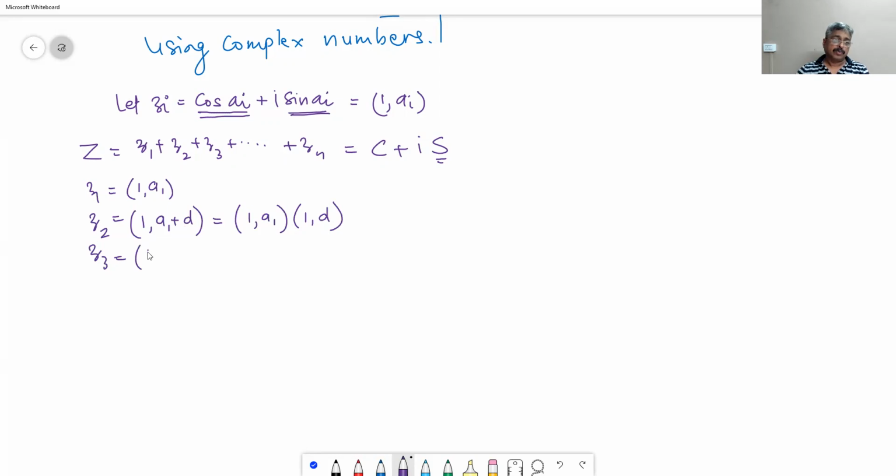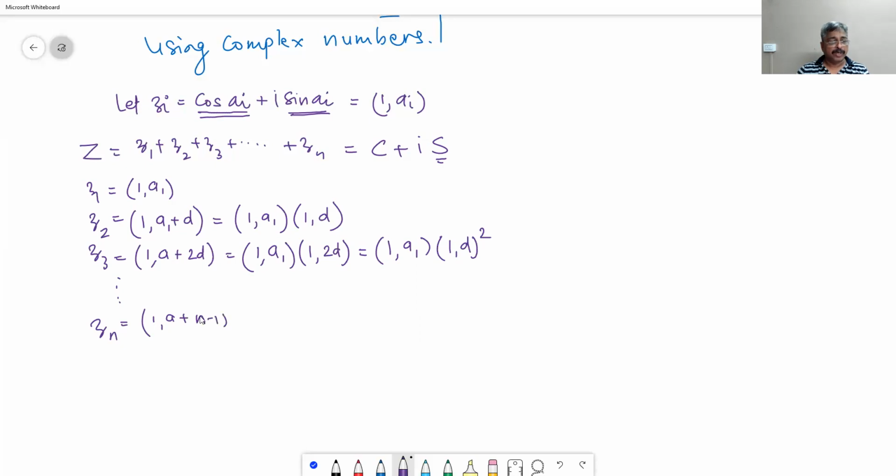Z3 is (1, a1 plus 2d), which equals (1, a1) into (1, d) squared. Zn is (1, a1 plus (n minus 1)d), which equals (1, a1) into (1, d) raised to n minus 1.